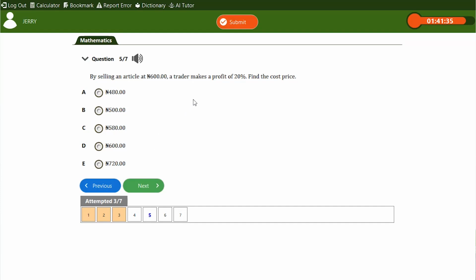Now, by selling an article at 600 naira, a trader makes a profit of 20%. Find the cost price. So let's look at that. This is also something that can be in the office.